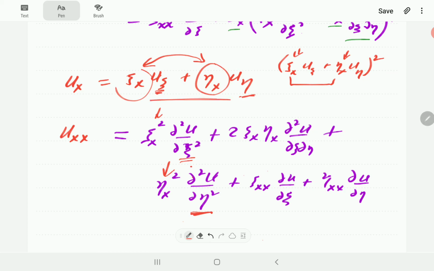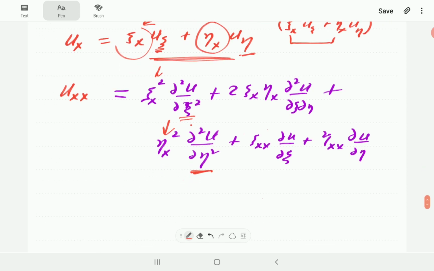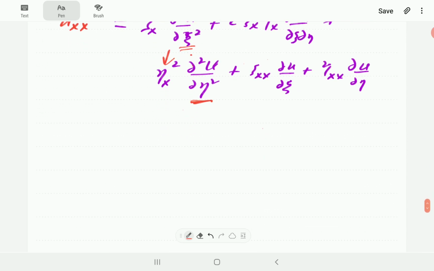So once you've got this one, then we can get the second order derivative terms straight away by using the fact that the second order derivative coefficients are binomial-like.